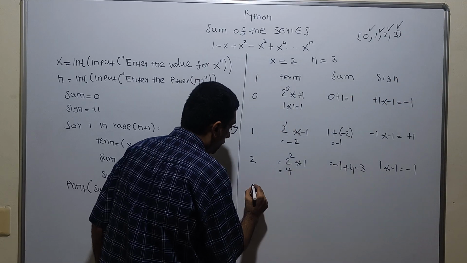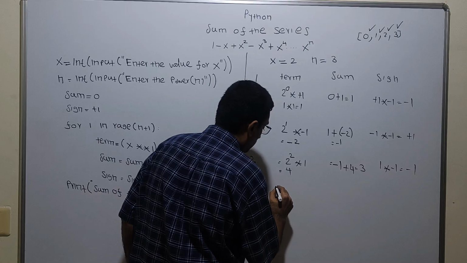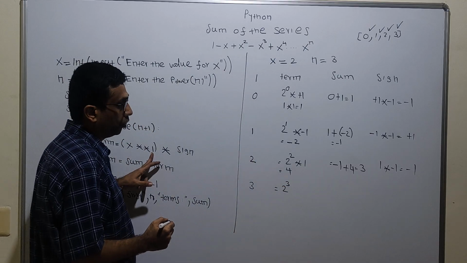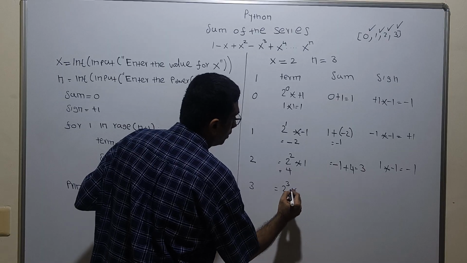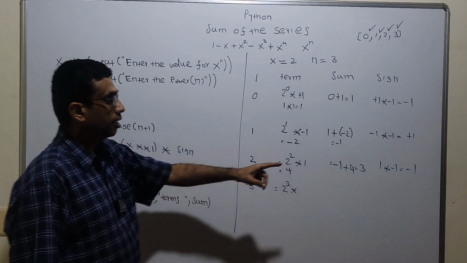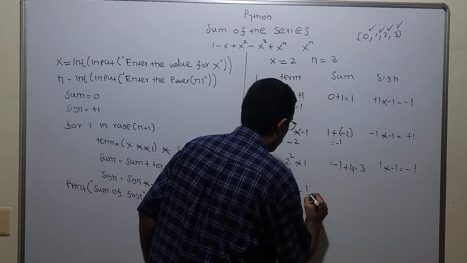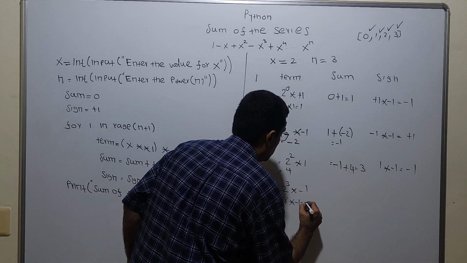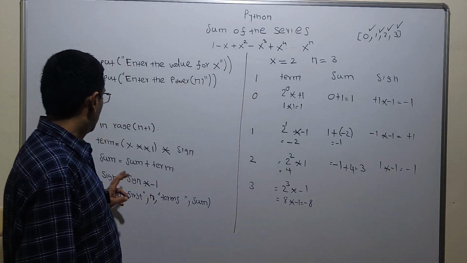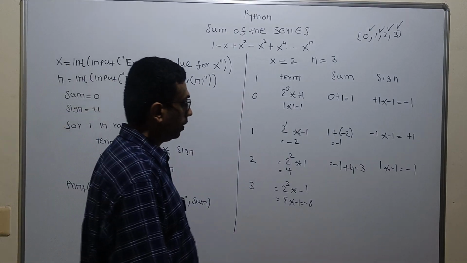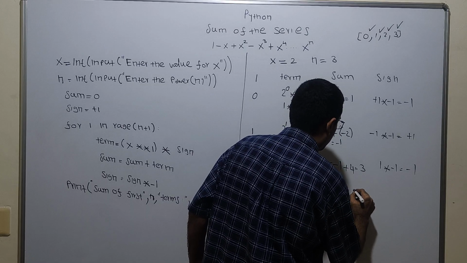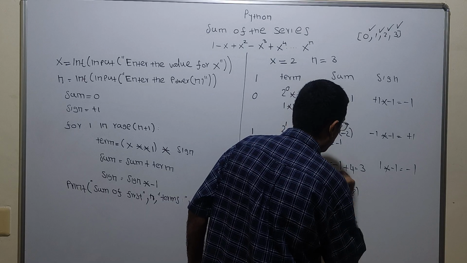Now I will take the value 3. So x double star i, 2 cube, multiplied with the value of sign. Sign is minus 1 now. 8 into minus 1 is equal to minus 8. Sum equal to sum plus term. So existing value of sum, 3, plus minus 8, is equal to minus 5.